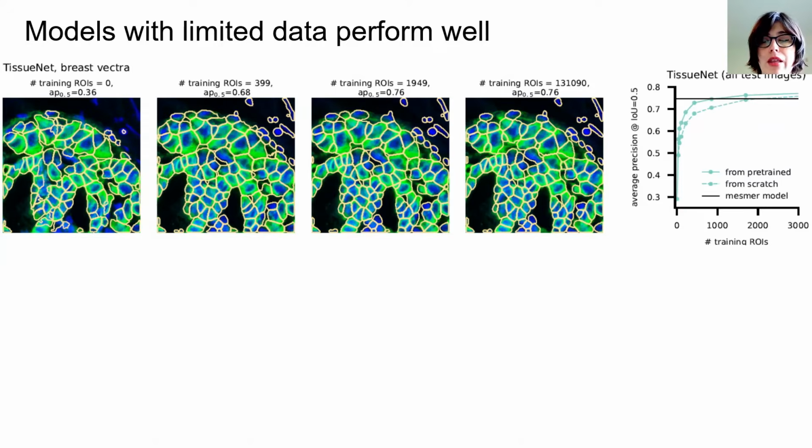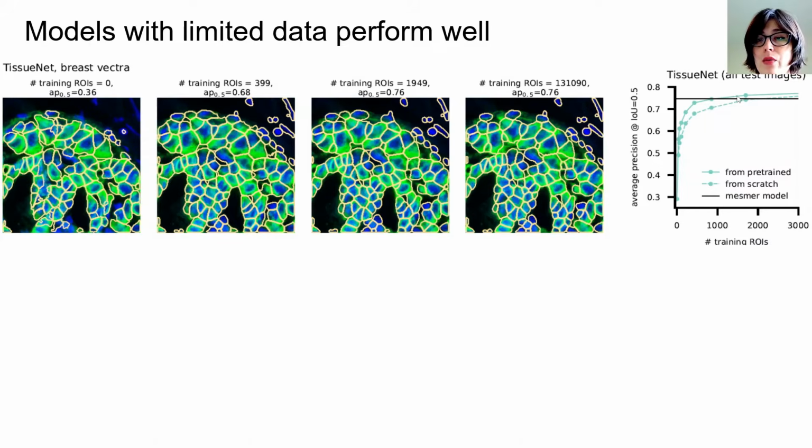And we can quantify that across all test images and all data types. What we find is that the accuracy increases as a function of the number of training ROIs, but starts to saturate. The solid line is starting from the pre-trained Cellpose model versus starting from scratch, which is the dashed line. And the solid line here is the Mesmer model, which is the state-of-the-art model that was trained on all of the images in the TissueNet dataset.